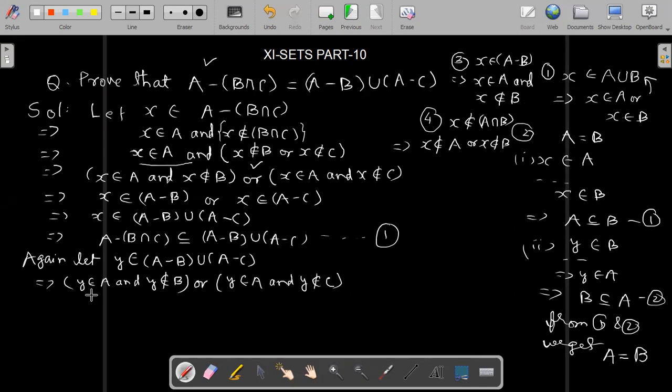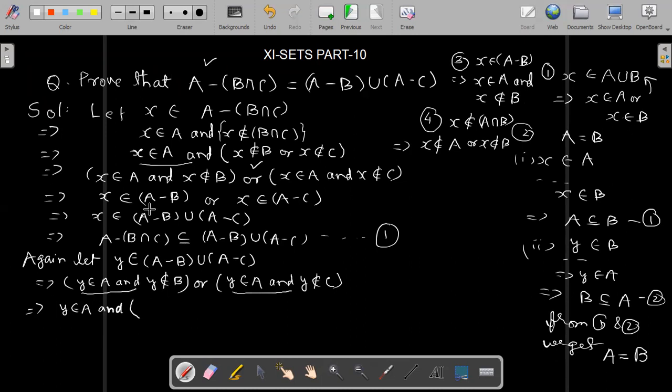Now you can see that Y belongs to A and Y belongs to A. This is the reverse of the distributive law. We can take it out common. So we can write Y belongs to A and, when you take this common, what will be left in the bracket?